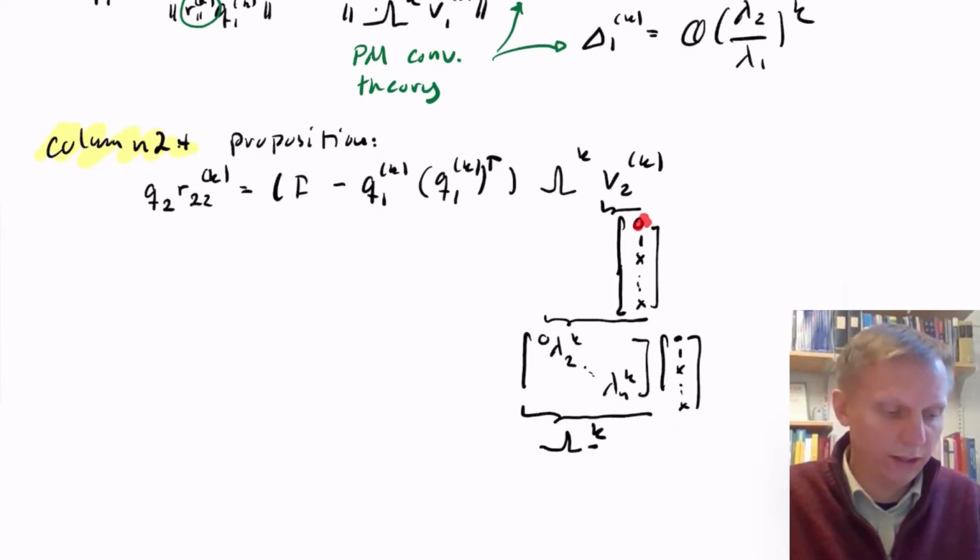V2 has a 0 on the top, and that means that when we multiply this with a diagonal matrix, normally we would have a lambda 1 here, but since we only multiply it by 0, we might as well remove it. So here we have a lambda matrix to the power of K, except that we replaced lambda 1 with 0. We call this lambda minus to the power of K.